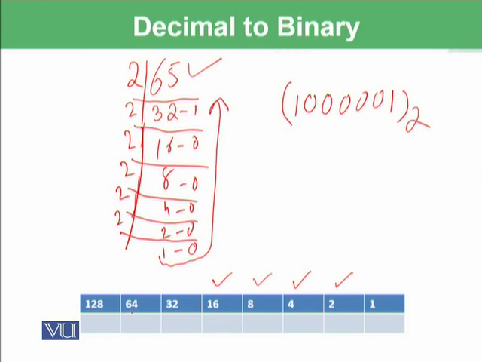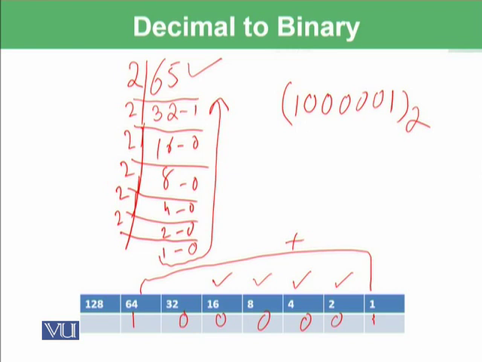So if we turn on this bit and this bit, 64 plus 1 will become 65, and the others would remain 0. This one should be 1. So we wanted to make 65, and we turned on the bits which were representing 65.